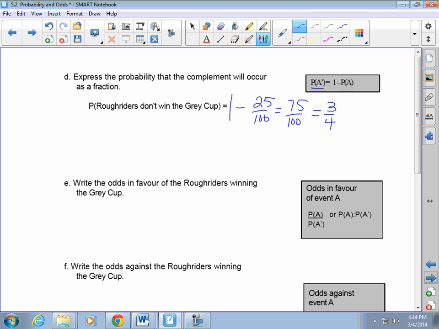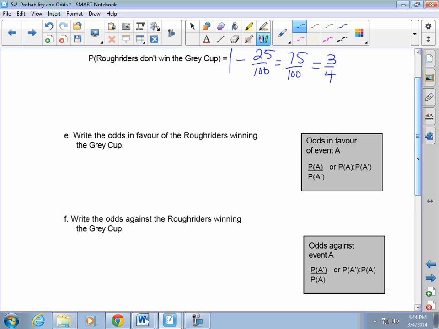Odds, then. Write the odds in favor of the Roughriders winning. Remember from the definition, odds in favor are the probability of favorable outcomes compared to the probability of not favorable. You can write it as a fraction, or you can write it as a ratio. So the probability of them winning over the probability of them not winning.